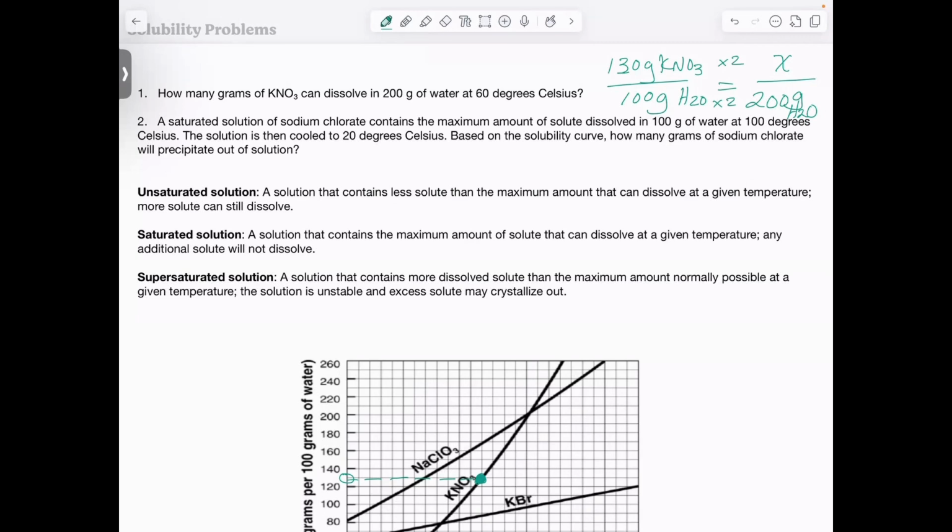You can cross multiply too, whatever you feel comfortable with, or just know in your head, hey, I need to double 130. 130 times 2 is 160 grams. Sorry, 260. I lied. 260. Maybe I should put it in the calculator, huh? All right, so yeah, we can dissolve 260 grams of KNO3. That's it. End of story.